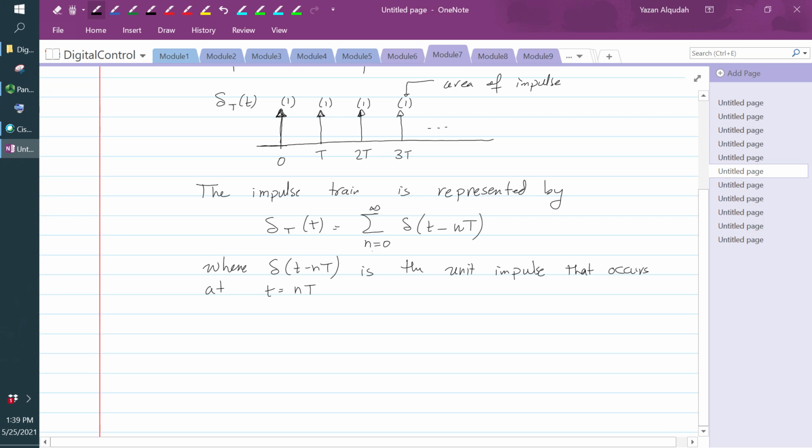Now this impulse train, or this impulse function or unit impulse, has two important properties. So let's look at the properties of the unit impulse function.